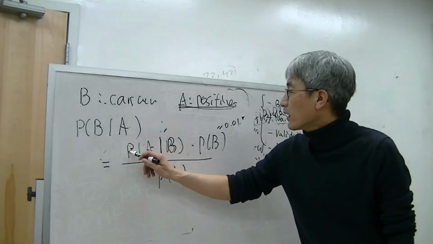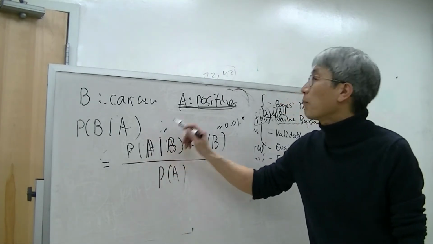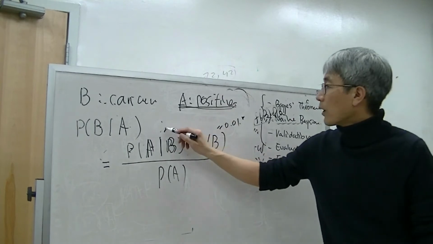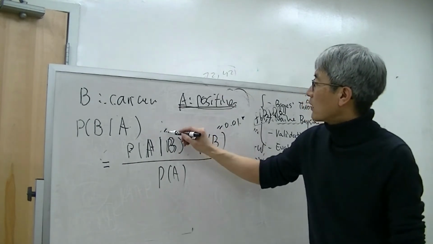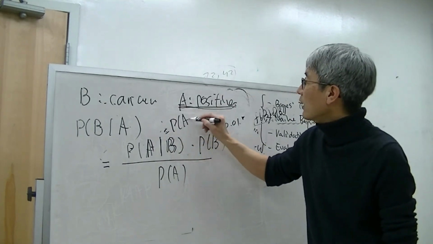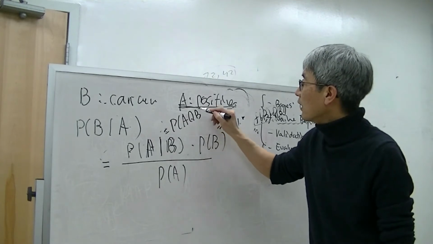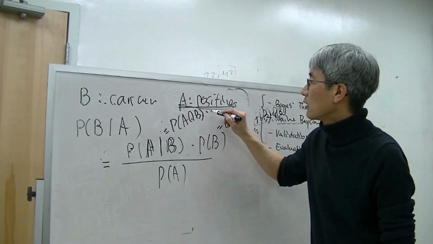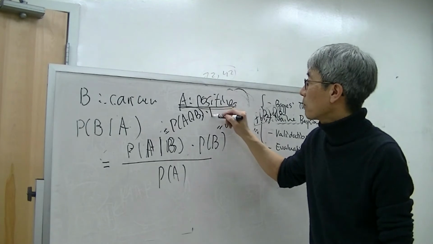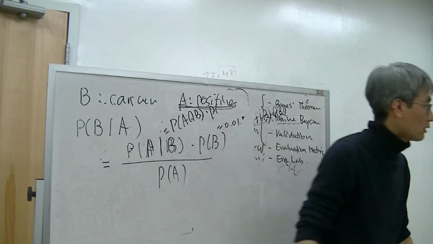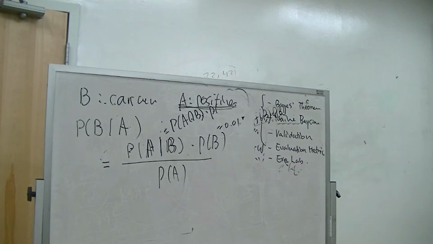So what is the probability of the positive given B? That is P(A and B), times P of... sorry, I messed up.